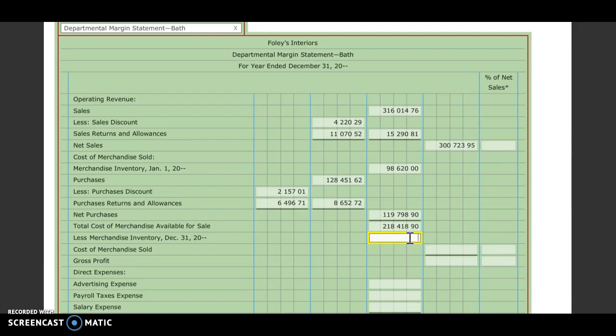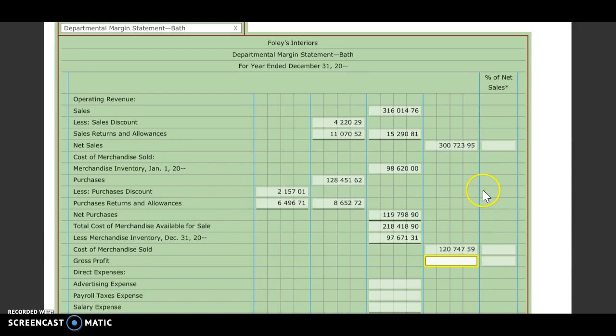The balance there is $97,671.31. We'll take the cost of merchandise available for sale minus that merchandise inventory to get our cost of merchandise sold, which is $120,747.59.